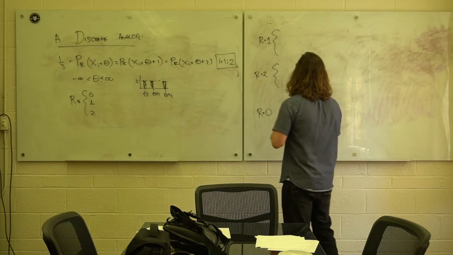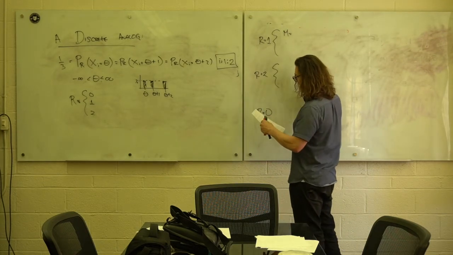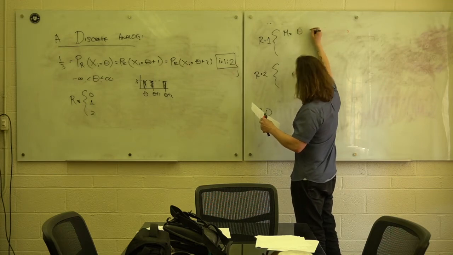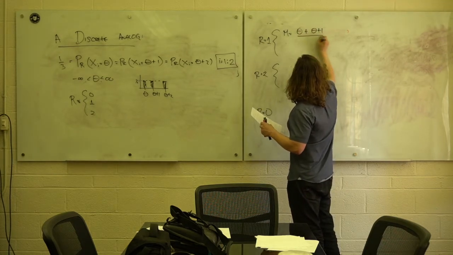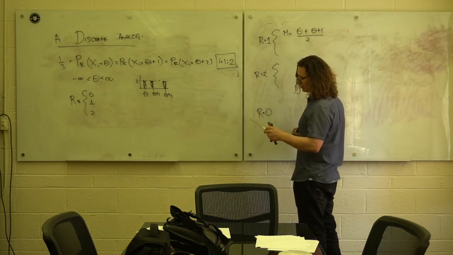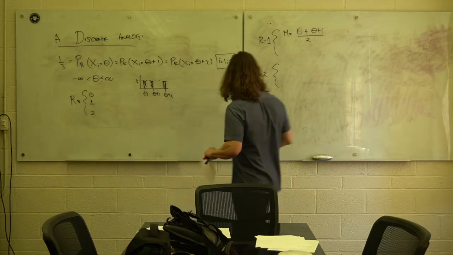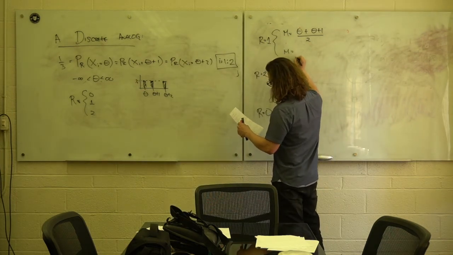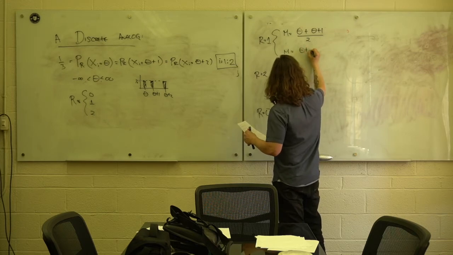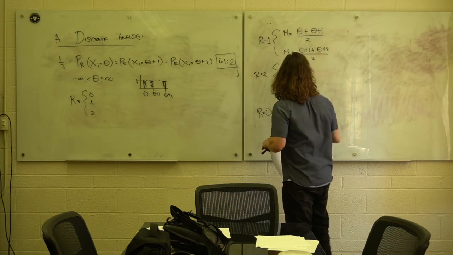So R is equal to 1. M could be any number of things. So M could be theta plus theta plus 1, divided by 2. So I could have drawn from here or there. Or I could end up drawing that M was equal to theta plus 1 plus theta plus 2, divided by 2.